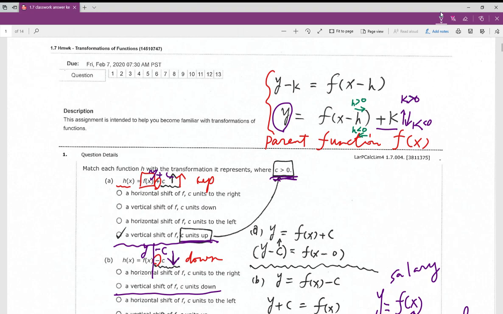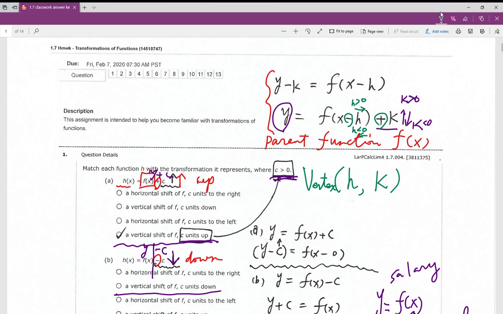H, K: the number you take away is H, the number you add is K. So if we have a quadratic function, then the new vertex will be H and K. But why do you take away H and add K? Why is one plus, one minus?